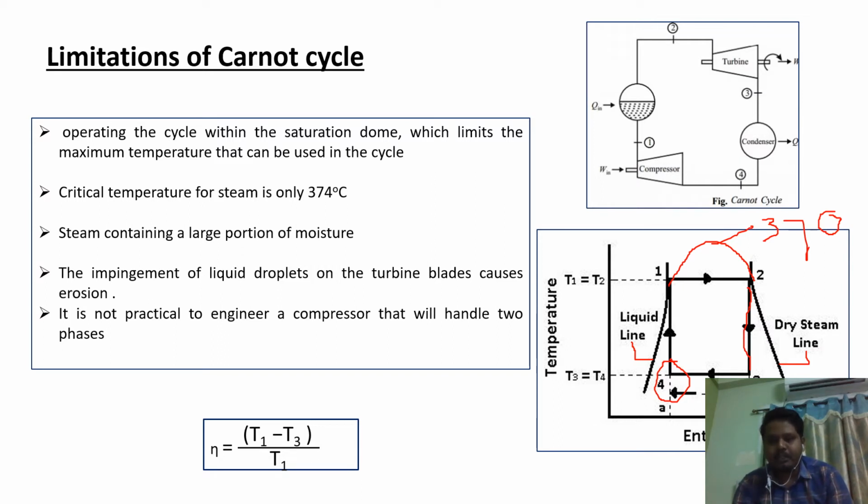So there will be erosion on the blades, which will damage the turbine blades, and consequently there will be a decrease in efficiency. So these are the limitations in the Carnot cycle.